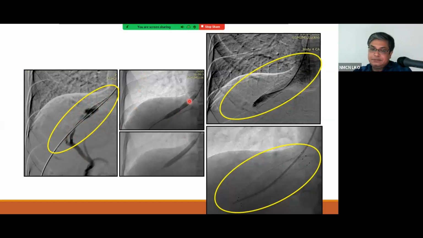So again, balloon angioplasty of the RHV was done, and in view of suboptimal response, a stent was placed. On this venogram, we can see there is forward flow from the RHV to the heart with disappearance of collateral flow. This is how a well expanded stent looks.